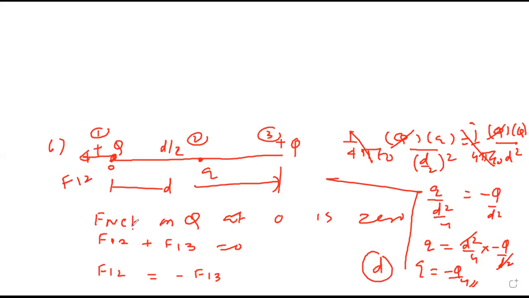What we have written, net force on q at origin is 0. Net force means on first, who is giving force? Second is giving, and even third is giving. I don't know about their direction, so therefore I didn't draw the diagram, because one has to be outward, other has to be inward. That's why one is negative, other is positive here.